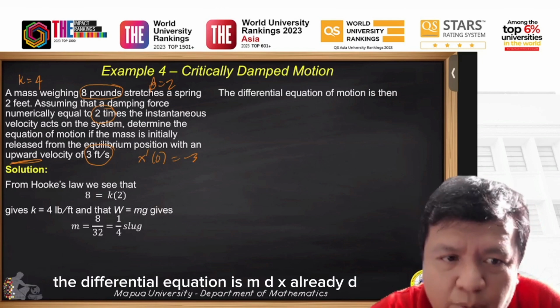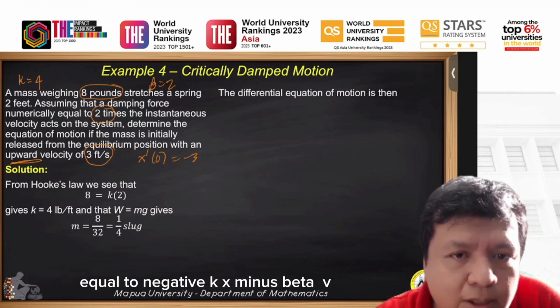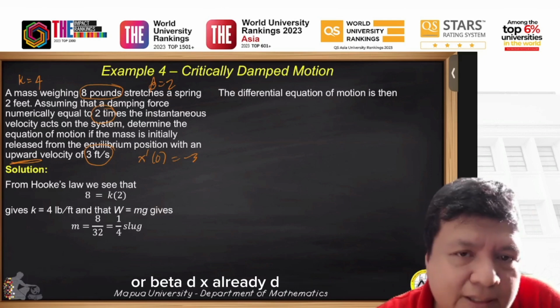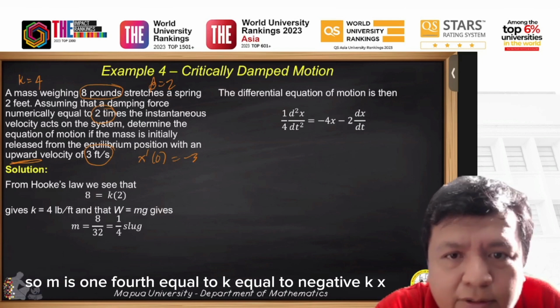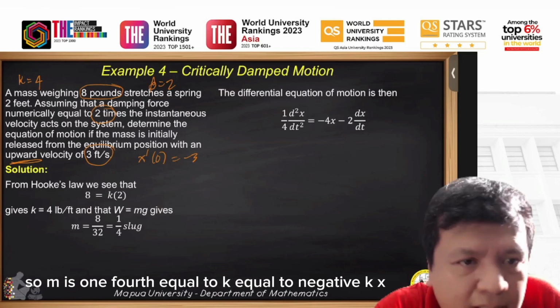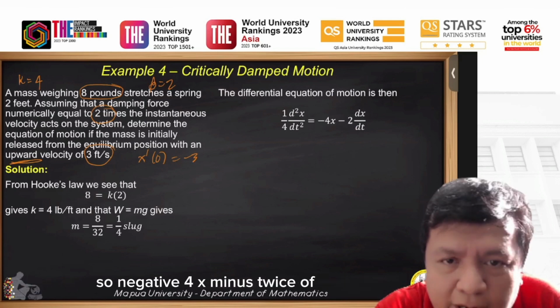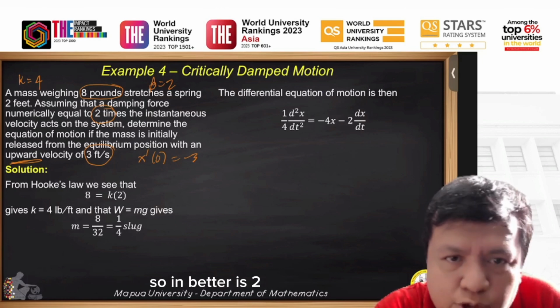The differential equation is m d squared x over dt squared equal to negative kx minus beta v, or beta dx over dt. So m is 1/4, k is 4, so negative 4x minus twice dx over dt, since beta is 2.